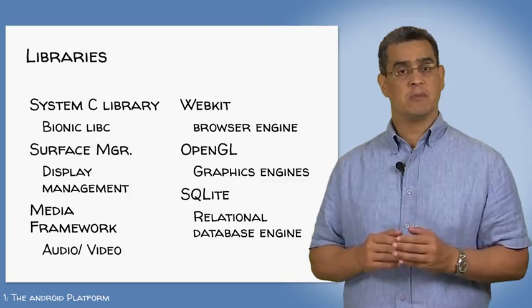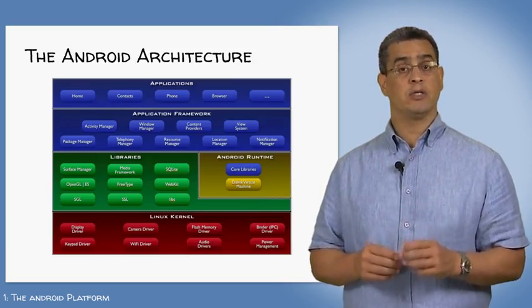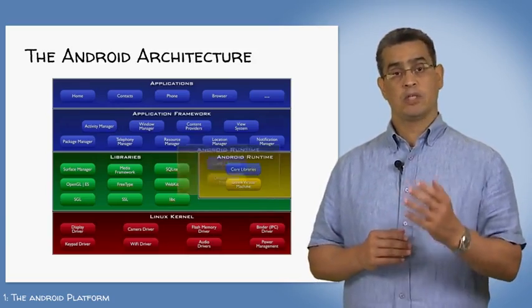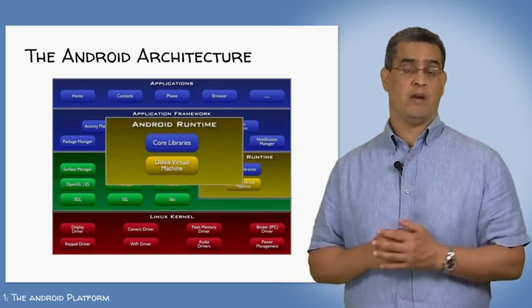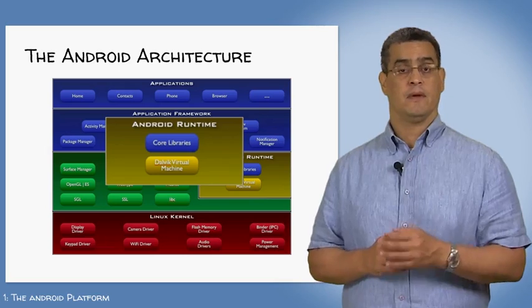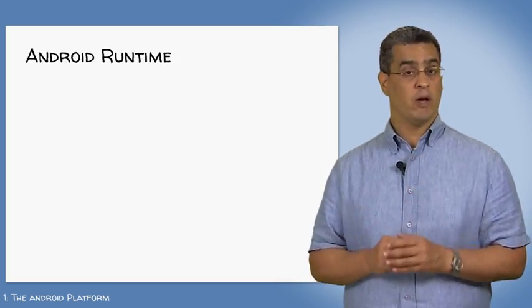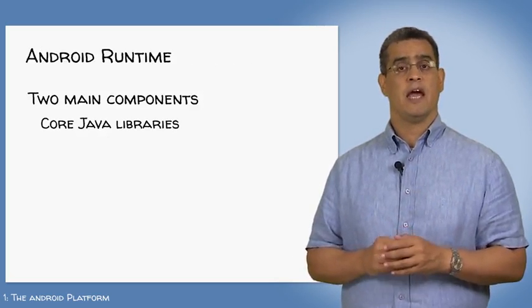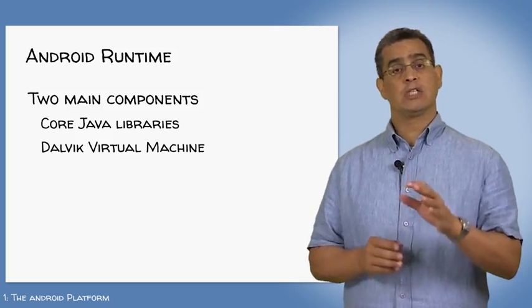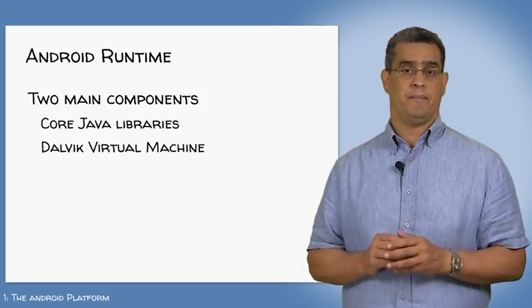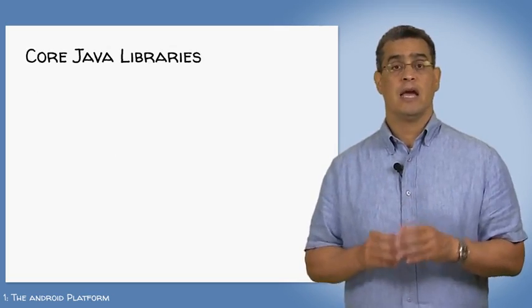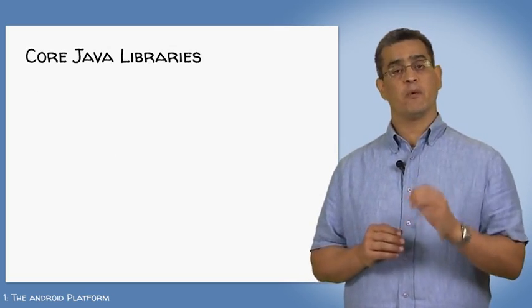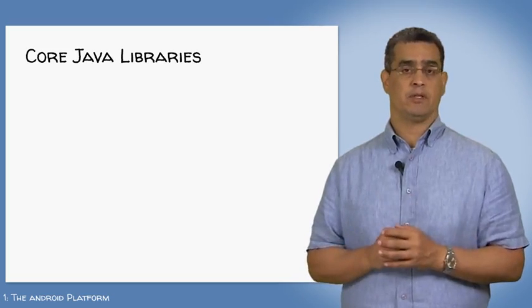In addition to the system libraries, this layer also includes the Android runtime, which supports writing and running Android applications. And there are two components in the Android runtime that we'll talk about today: the core Java libraries and the Dalvik virtual machine. Let's talk about each of those one at a time. Now first, Android applications are typically written in the Java programming language.